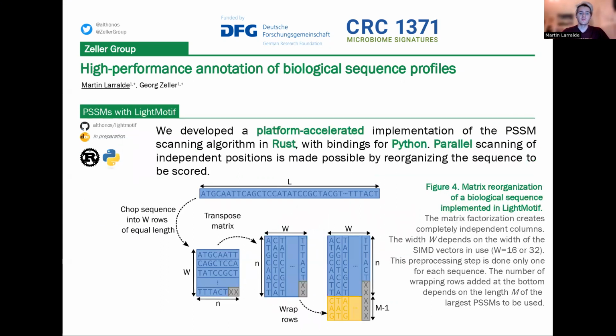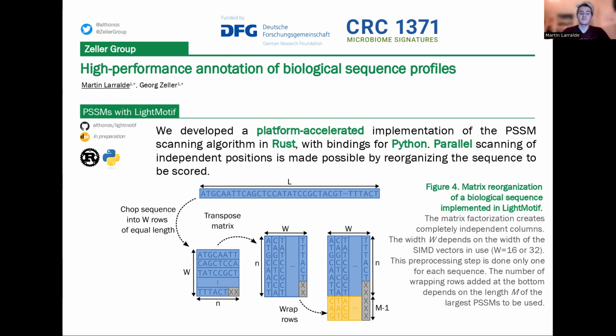The other package we developed is called Lightmotif, for running position-specific scoring matrix scoring. This is a platform-accelerated implementation that we implemented from scratch using Rust, and then provided bindings for Python. This allows the parallel scanning of independent positions by reorganizing a sequence.